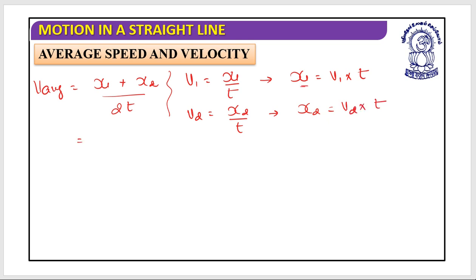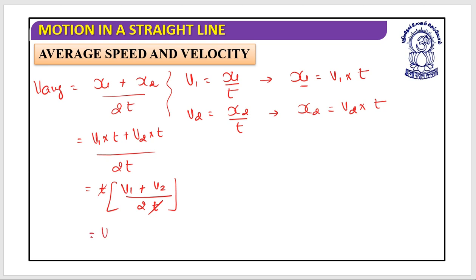When I write x1 as v1 into t plus x2 as v2 into t, divided by 2t, if I take t common, I get v1 plus v2 divided by 2 into t. This t would cancel, and the final answer would be v1 plus v2 by 2. This is v average.